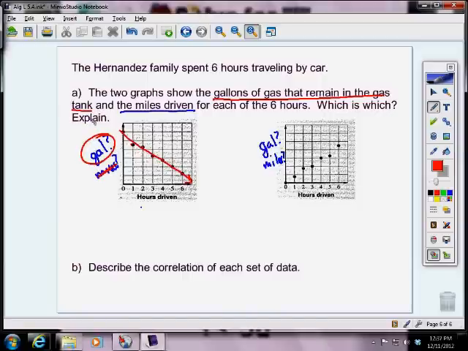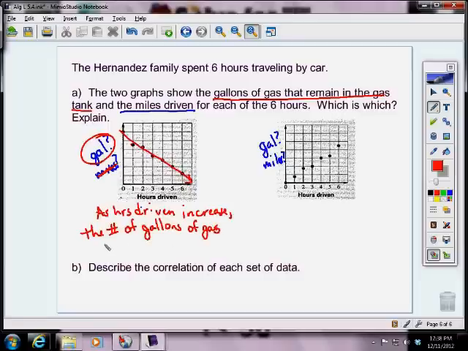Your explanation could just be, as your hours driven increase, the number of gallons of gas in your tank decreases. That makes sense. Obviously, if you drive a long way, you have to stop and get gas along the way.